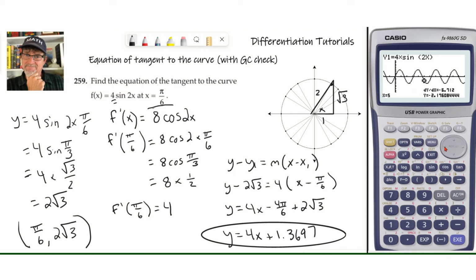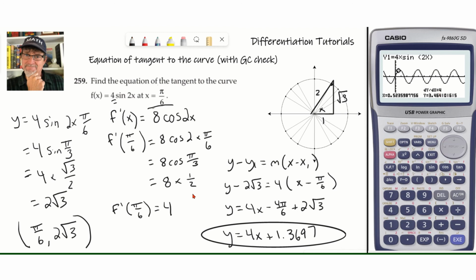You can cursor back or forward to the point you want, but the easiest way is to just enter the value. So we'll enter pi divided by 6, enter, and that will move your cursor right to that point on the graph. You can see we have coordinates and we have the gradient at that point, which is 4.